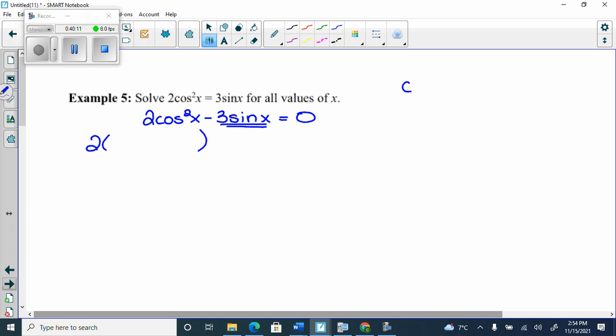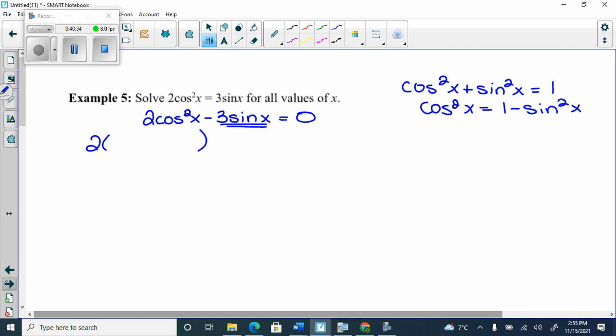Our formula is cos squared x plus sine squared x equals 1. And I need to replace cos squared, so I'm going to get cos squared x equals 1 minus sine squared x, right? People will sit here for life and be like, there's nothing to replace the 2. We don't need to replace the 2. The 2 isn't our issue. It's the cos squared that's our issue, correct?